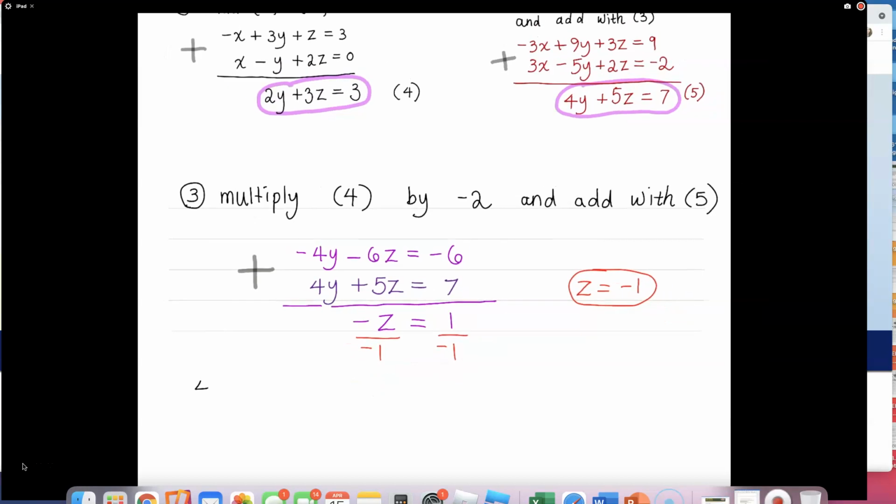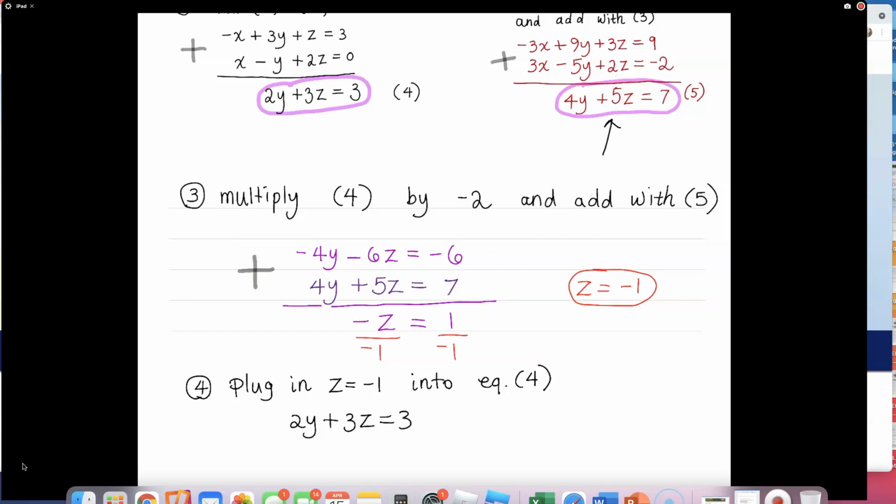So here's my plan. I like to write down my plan. Plug in z equals -1 into equation 4. Okay, and equation 4 was 2y plus 3z equals 3. And you could have easily gone with this one or this one.